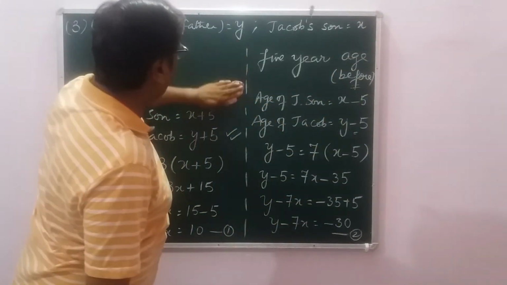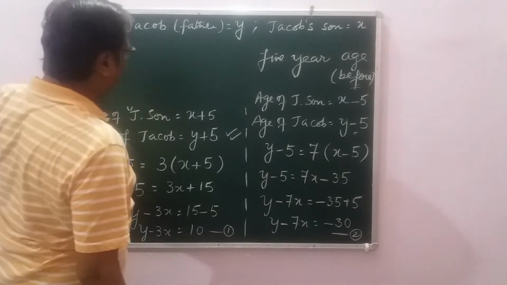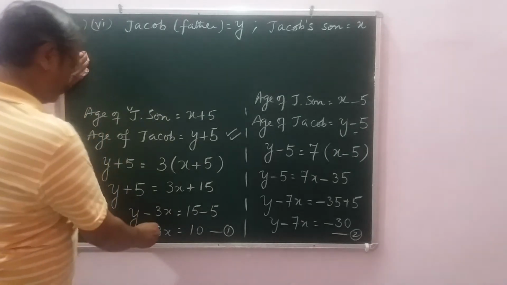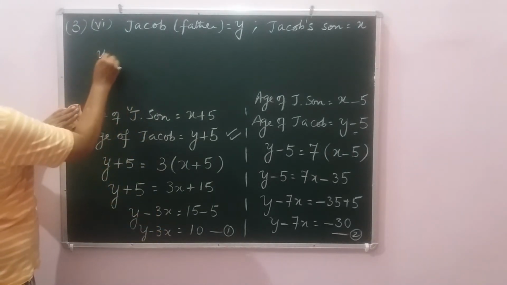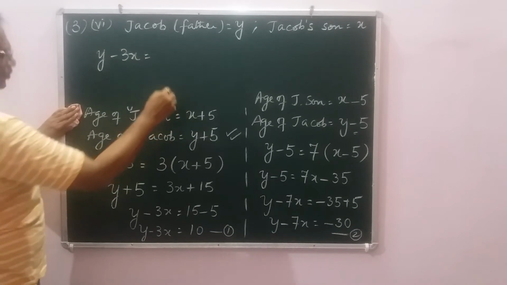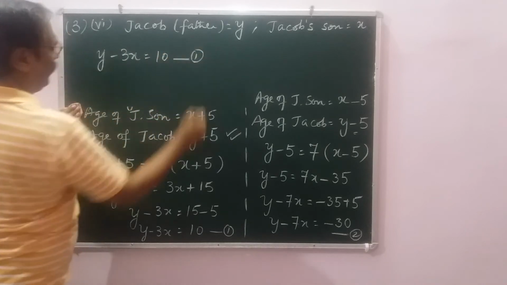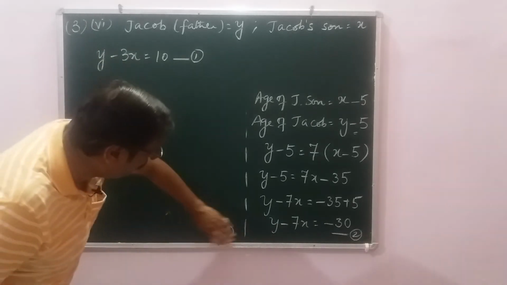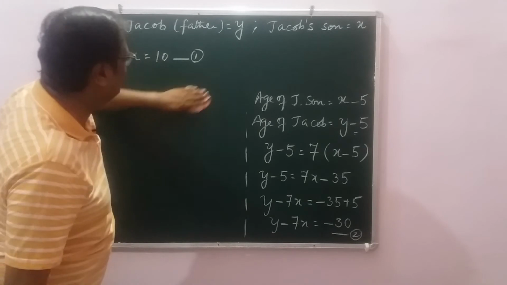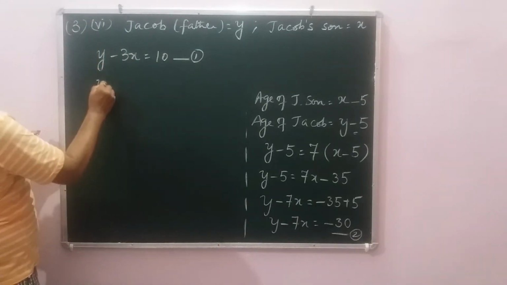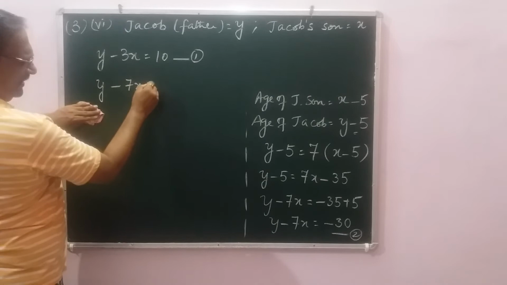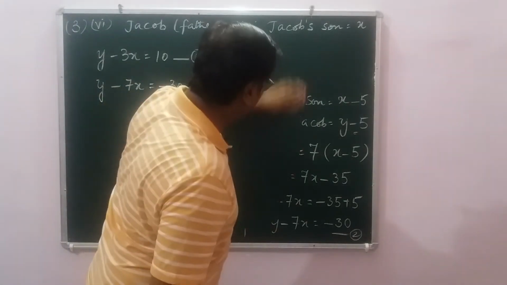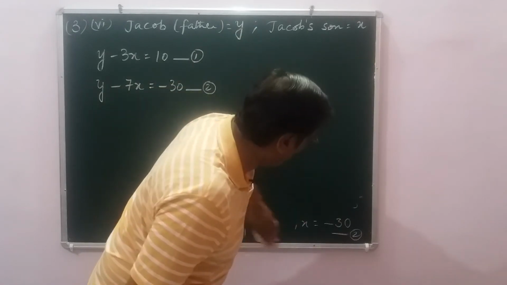I took the values 5 years before and 5 years after, and formed 2 equations. The first equation is y minus 3x is equal to 10, equation number 1. And the second equation is y minus 7x is equal to minus 30, equation number 2.